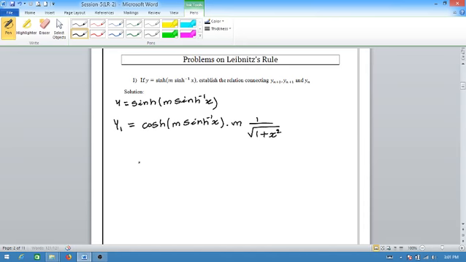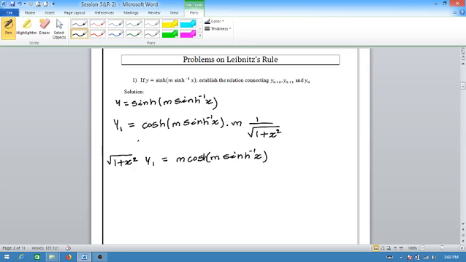Now cross multiply, so I will get root of 1 plus x square into y1 is equal to m is constant, cos hyperbolic m into sin hyperbolic inverse x.